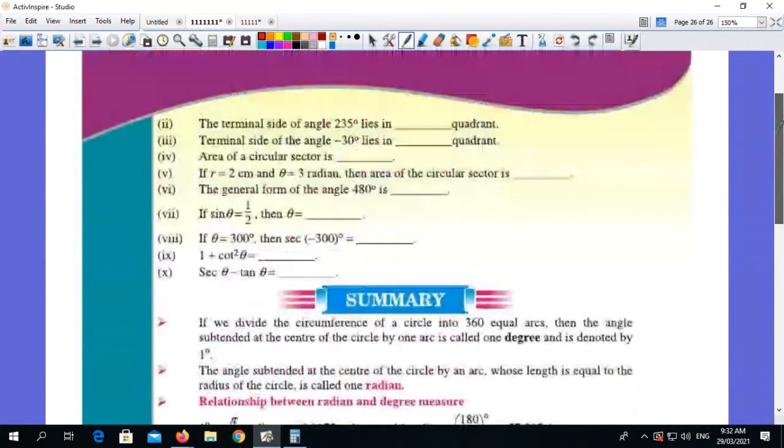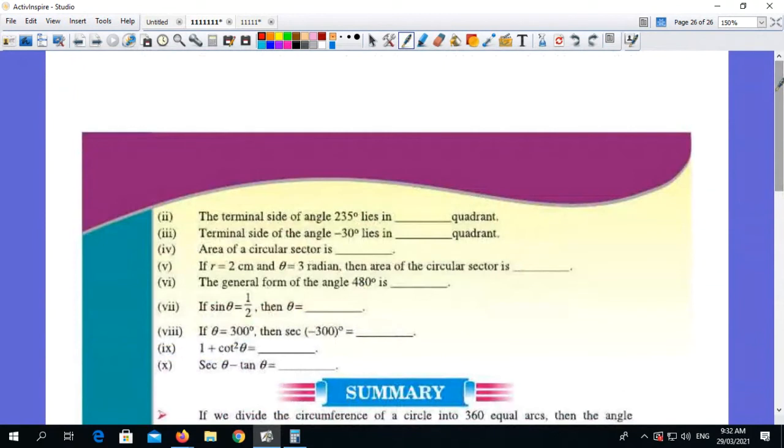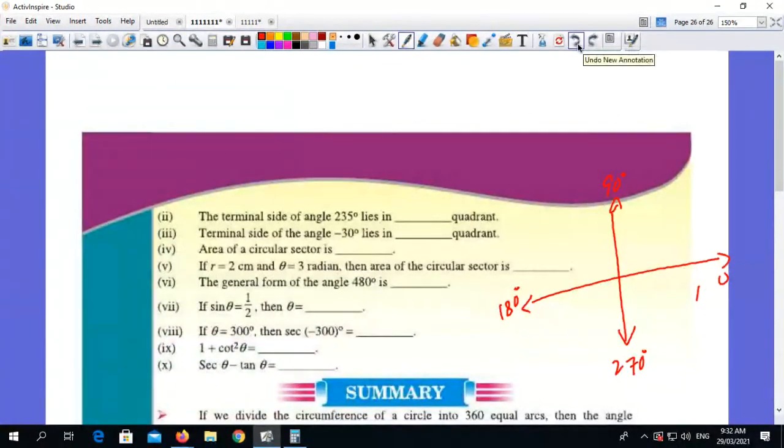And the terminal side of the angle 235 lies in which quadrant? Can any student tell me in which quadrant 235 degrees lies? Third. Yes, good. It's not 180, it's 360. This is 0 degrees and this is good.